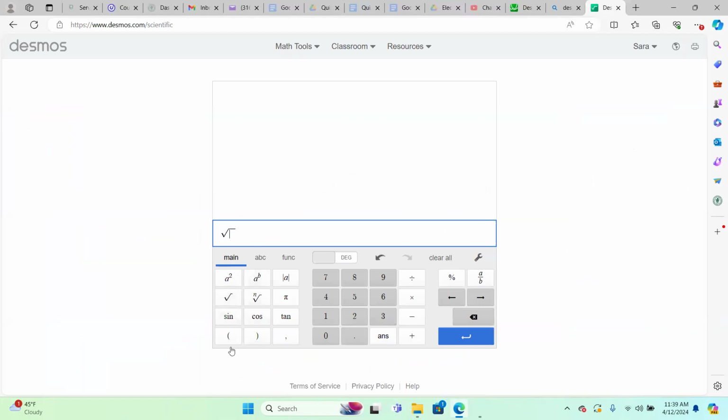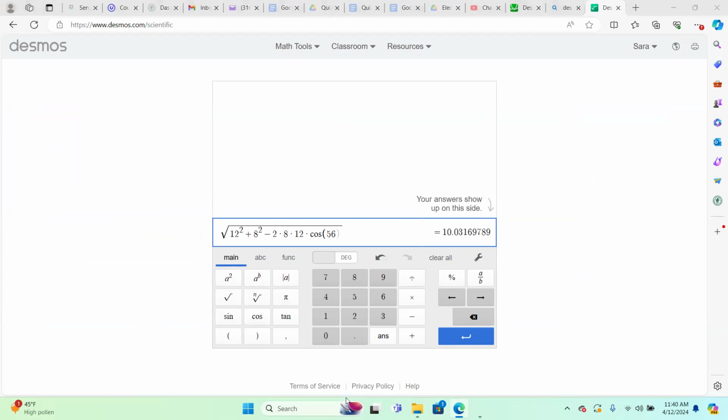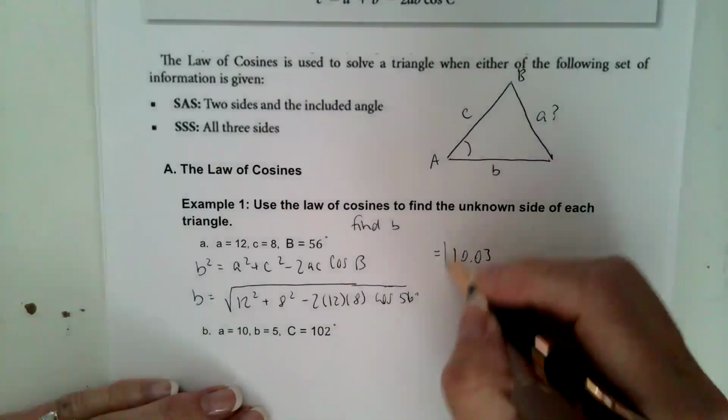Okay, so we're going to take the square root of 12 squared plus 8 squared minus 2 times 8 times 12 times the cosine of 56. And there's our answer. So the length of side B is 10.03. I would go to 1 or 2 decimal places. So there's the length of side B.